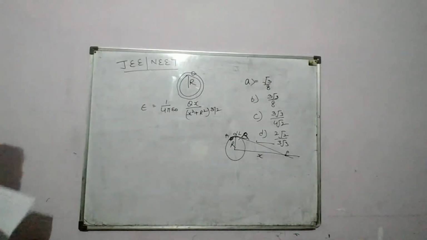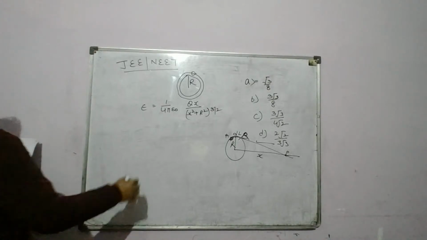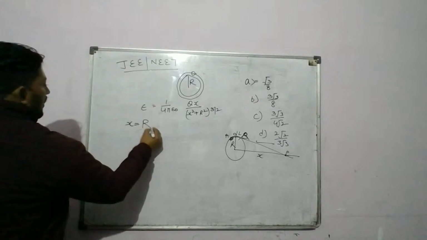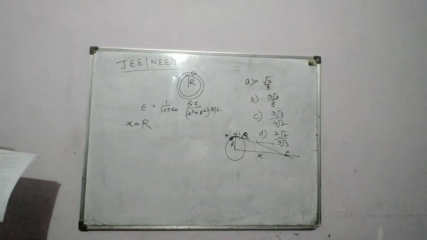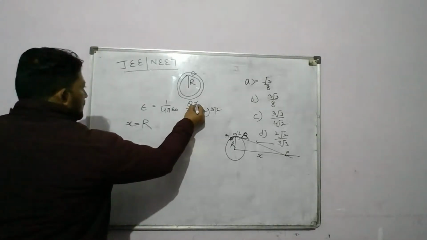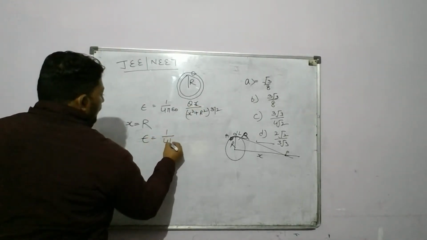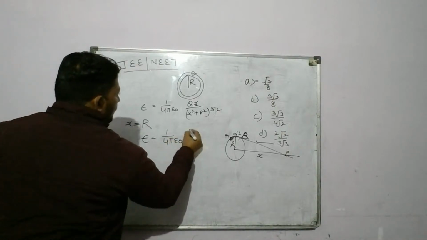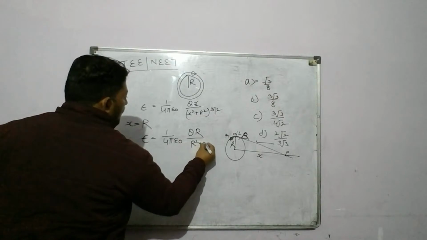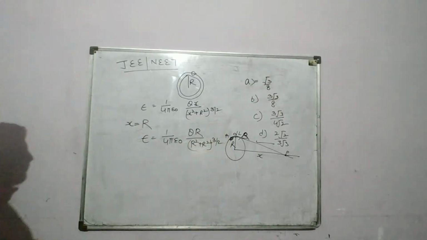First of all, this formula we can apply. Here the radius of the ring is r, and suppose x is equal to r. Then E is equal to 1 upon 4 pi epsilon 0 into Qr upon (r square plus r square) raised to power 3 by 2.